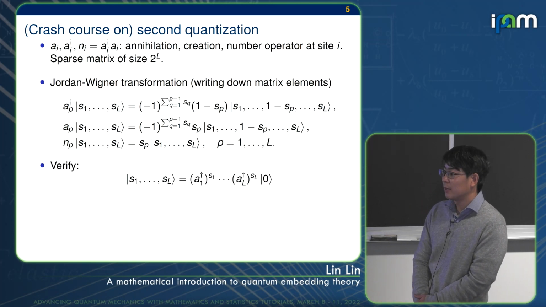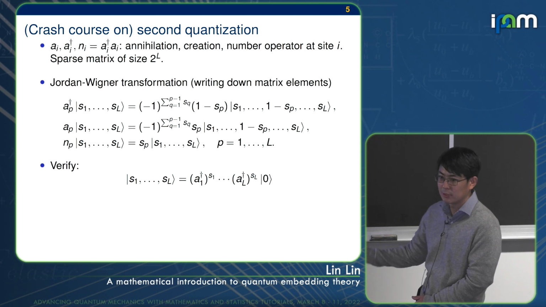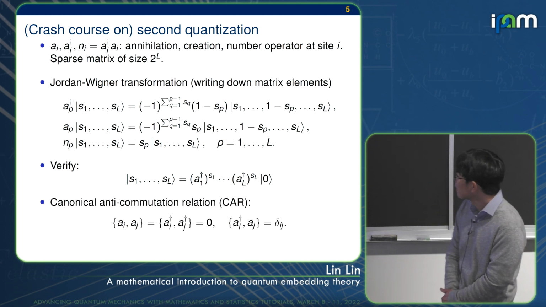You can verify that if you take this computational basis, s1 to sL, these are just applying creation operators one by one. If s1 is equal to 0, you don't apply anything. Otherwise, you apply A1 dagger to the vacuum, and you get the whole basis.